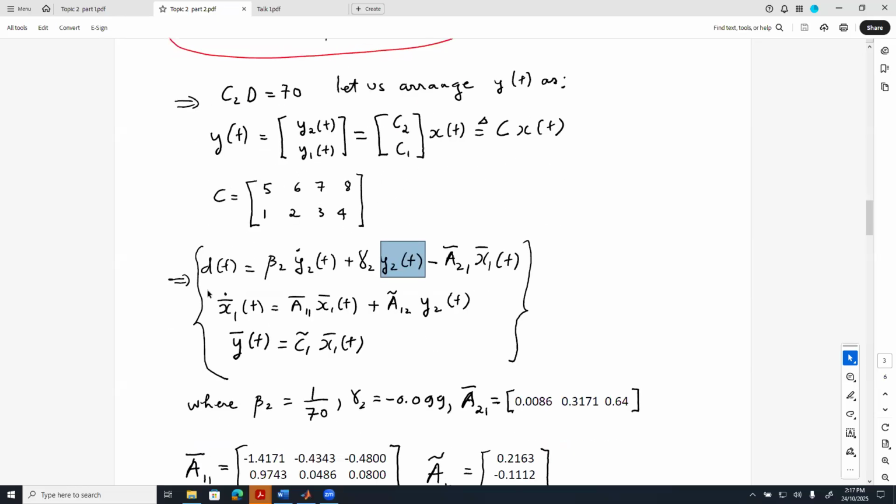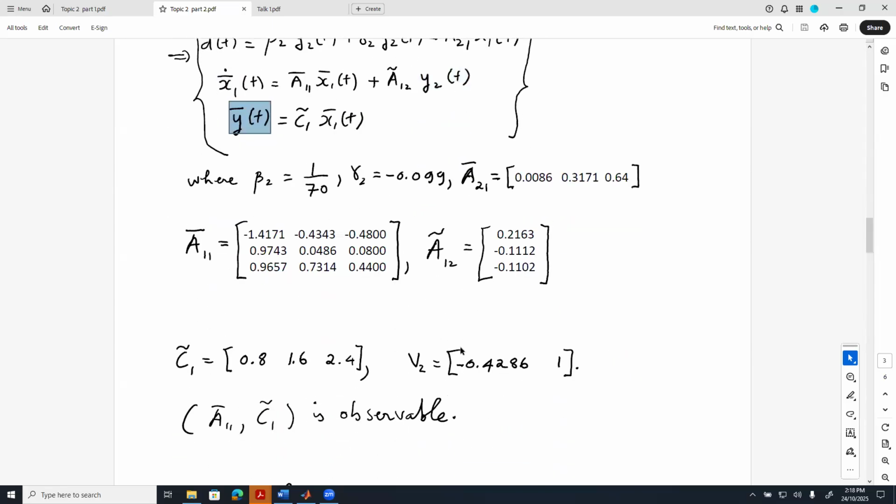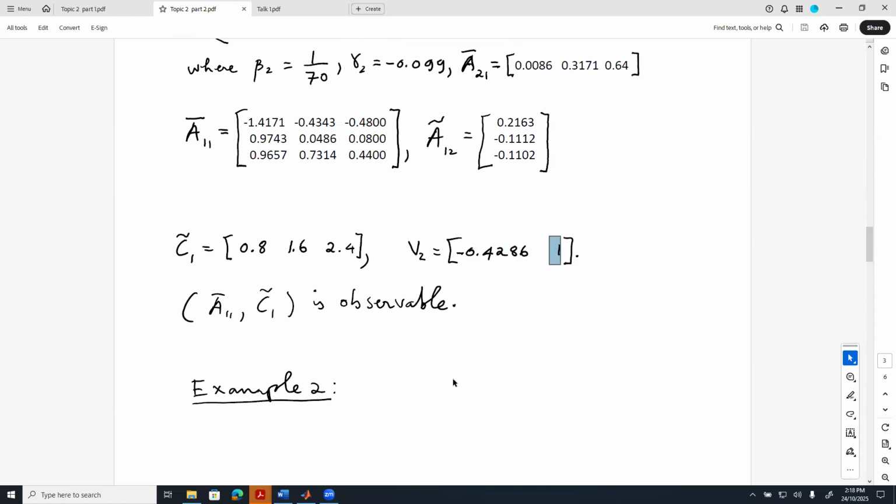And then the reduced, disturbance-free system contains the output measurement Y2 of t. And Y bar of t is a combination of Y2 of t and Y1 of t. So that's how we do the first numerical example.